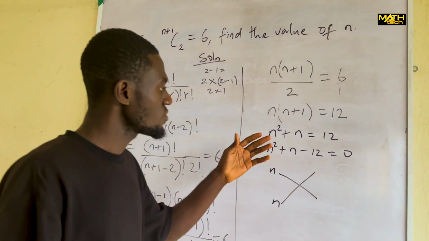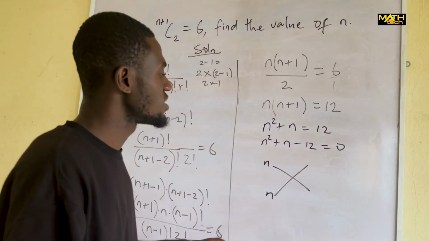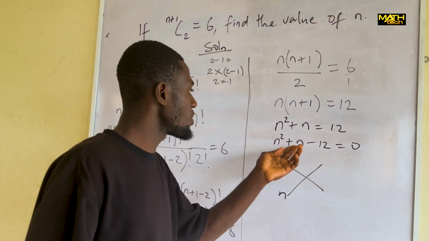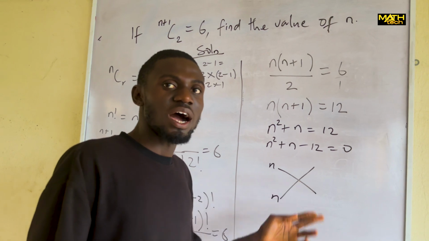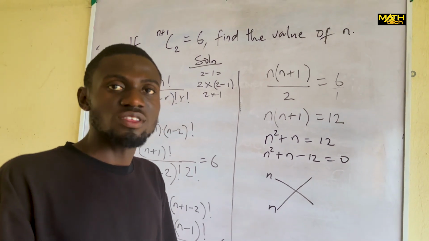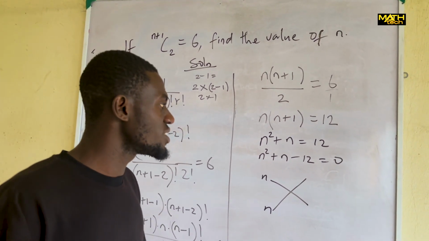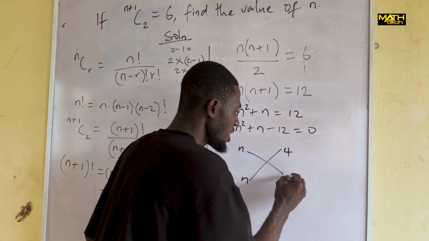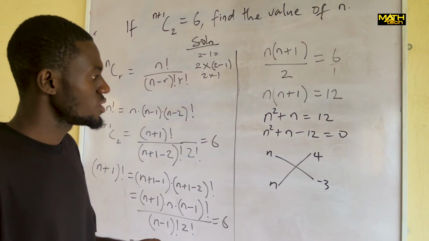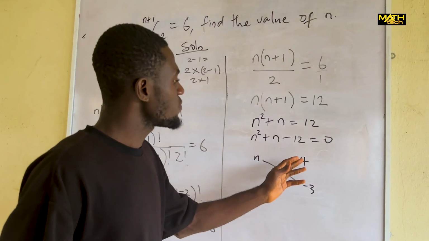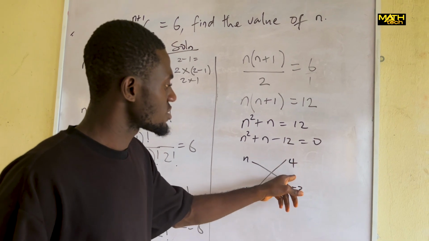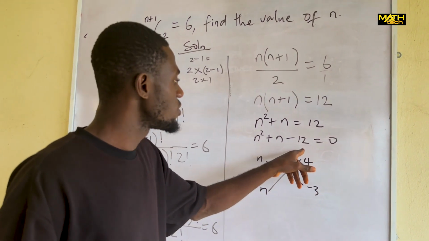And the next step we have to take is that we find the product of the last value, such that when we sum them up, we'll have a middle value. And what would that be? That would be positive 4 and negative 3. Now, positive 4 times negative 3 gives us negative 12.